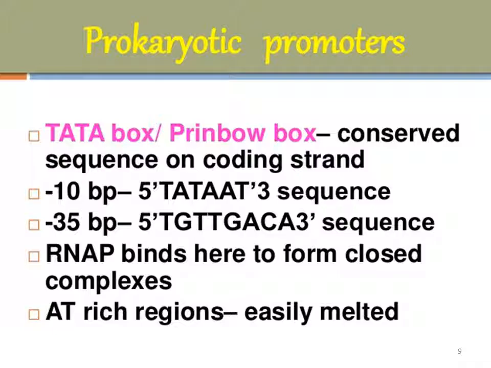So suppose the minus 10 base pair TATA box or the minus 35 base pair Pribnow box, these are the specific conserved sequences in the promoter region of prokaryotic cells. RNA polymerase binds at this area of the promoter region to make closed complexes.